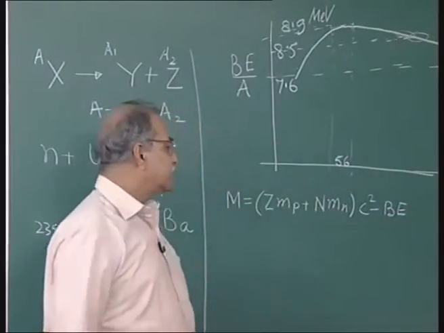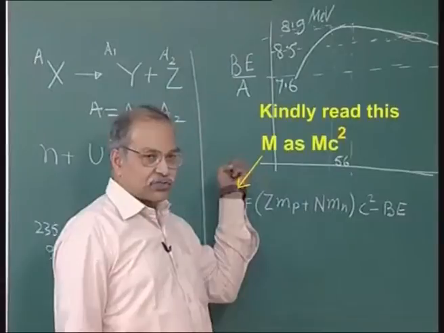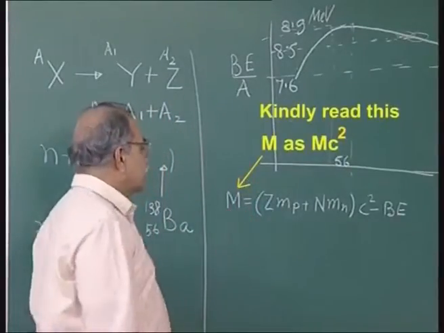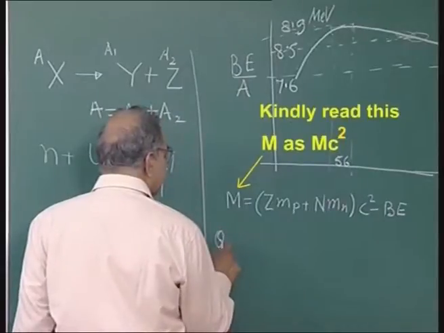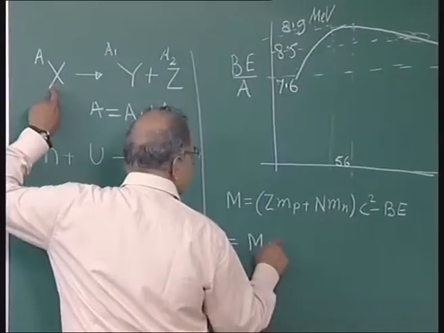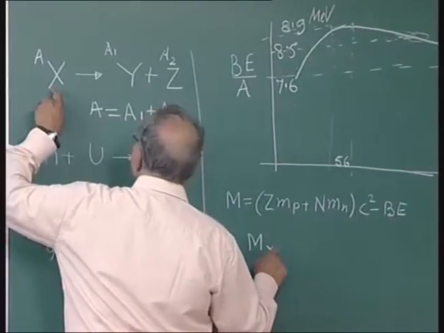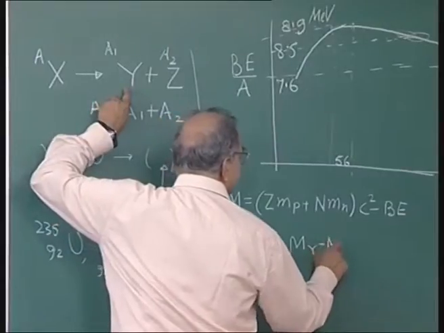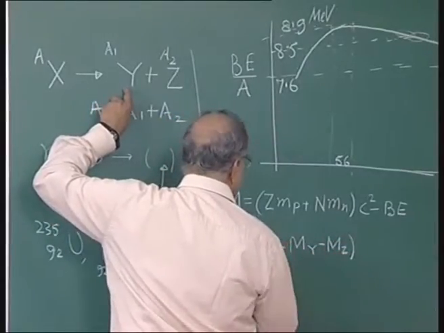So, the binding energy increases, mass decreases, right. So, the Q value is mass of this X nucleus, minus mass of this Y nucleus and minus mass of this Z nucleus, times c square.